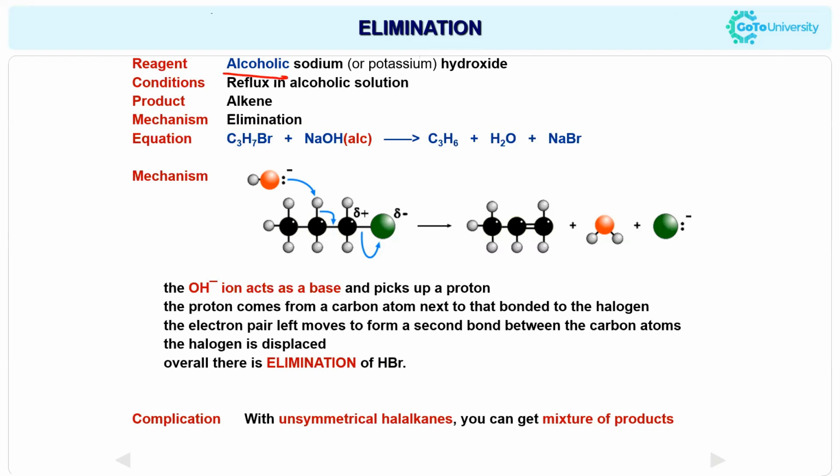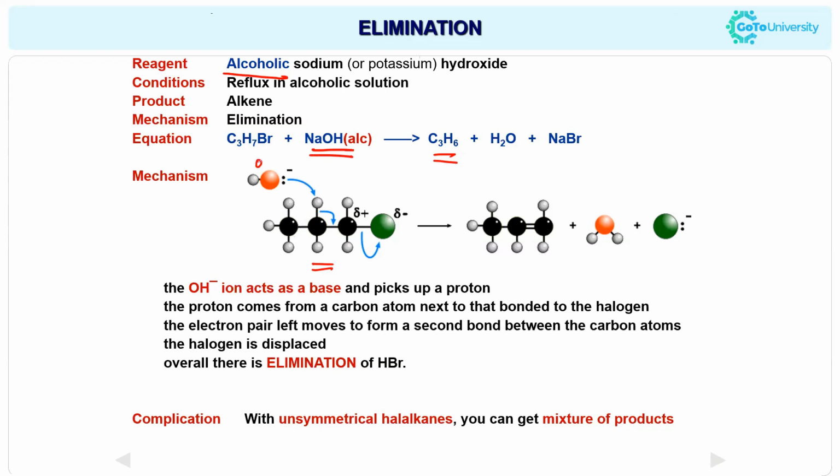So what is an elimination reaction? Elimination means that when halogenoalkanes react with alcoholic sodium or potassium hydroxide, they can produce an unsaturated hydrocarbon, or alkene. That is simply an elimination reaction. So if you take this reactant, the halogenoalkane, here we have to take alcoholic potassium hydroxide, I told you, right?